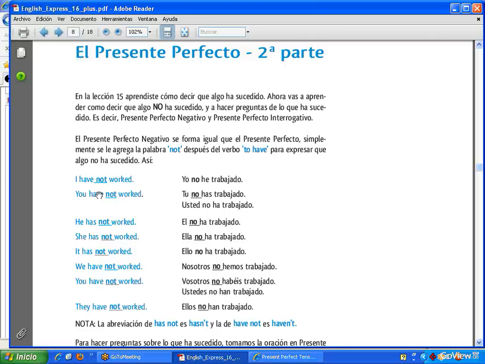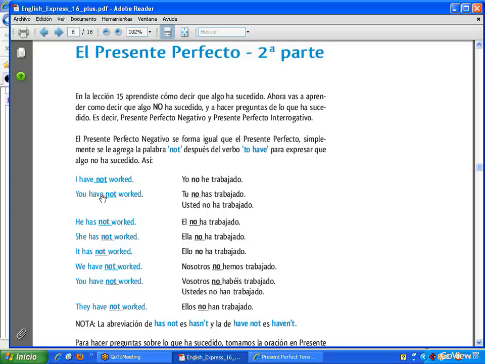We treat have as an auxiliary verb, and after the auxiliary verb, we put not. This is to make the negative. It's slightly different from the Spanish, because in the Spanish, you put no antes the auxiliary verb, and in English we put it después de, after the auxiliary verb.